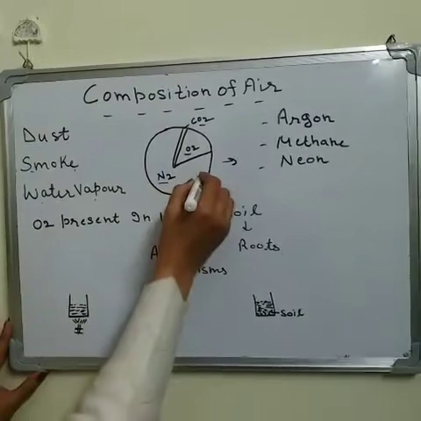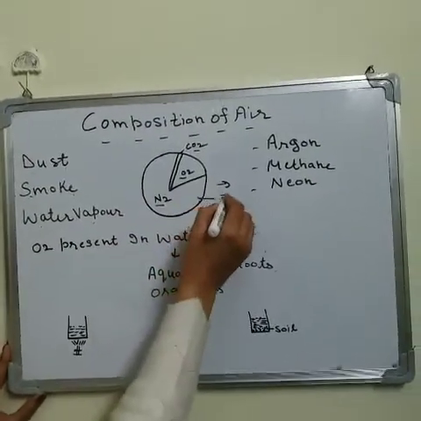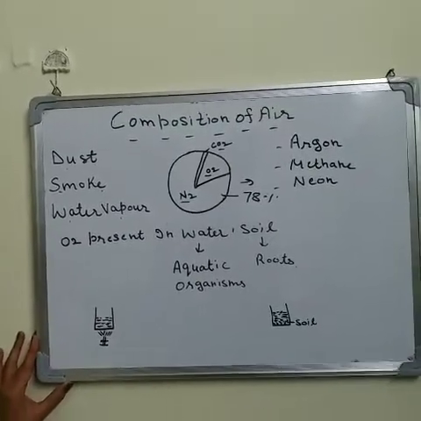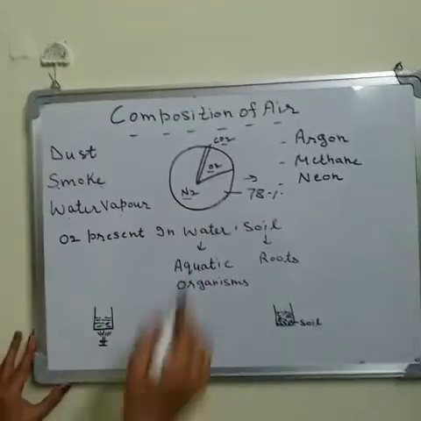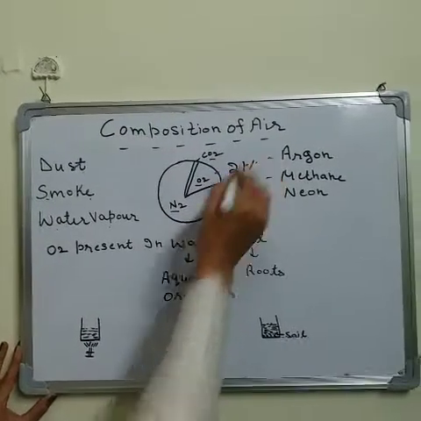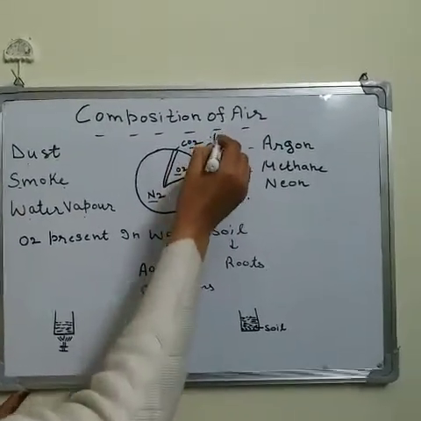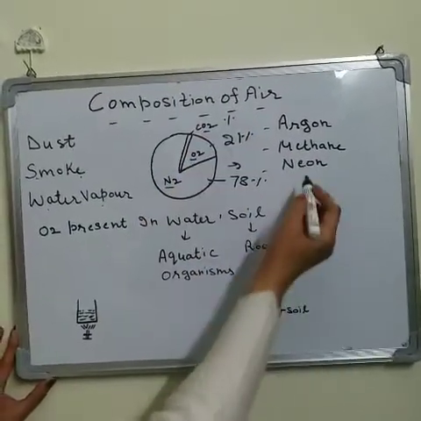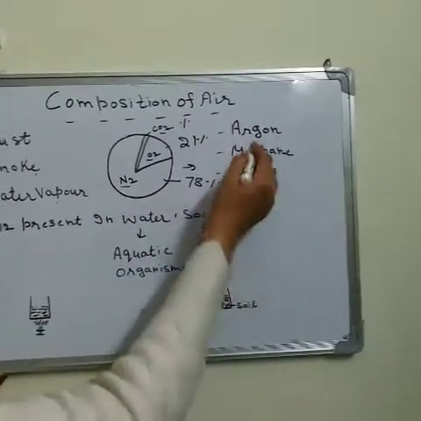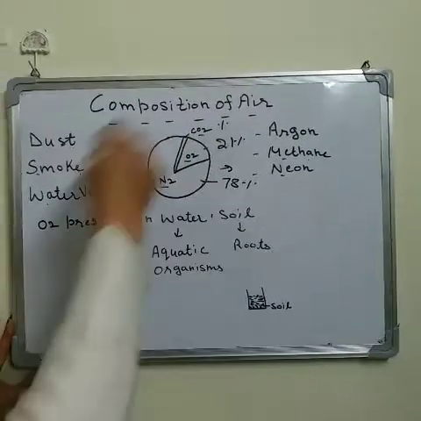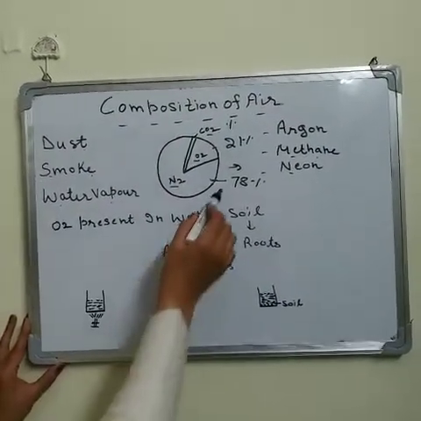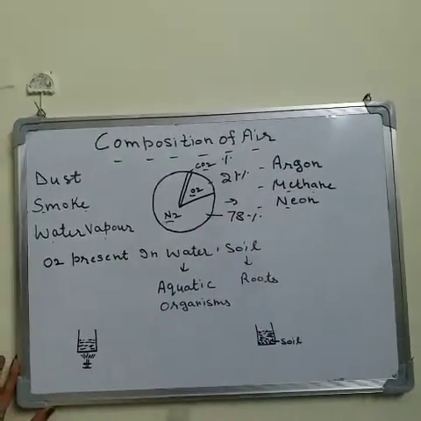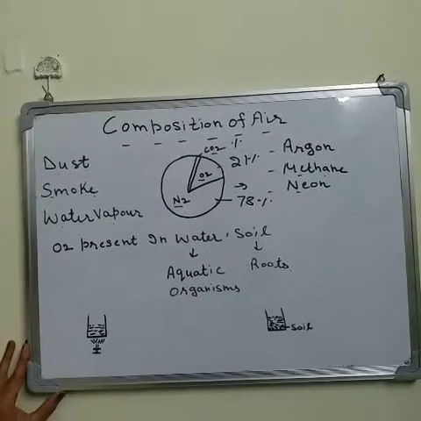Nitrogen is present at 78%. 78% of air is made up of nitrogen, 21% is oxygen and the remaining 1% is a number of gases like carbon dioxide, neon, methane and argon. So when we talk about the composition of air: 78% nitrogen, 21% oxygen and 1% the rest of the gases.